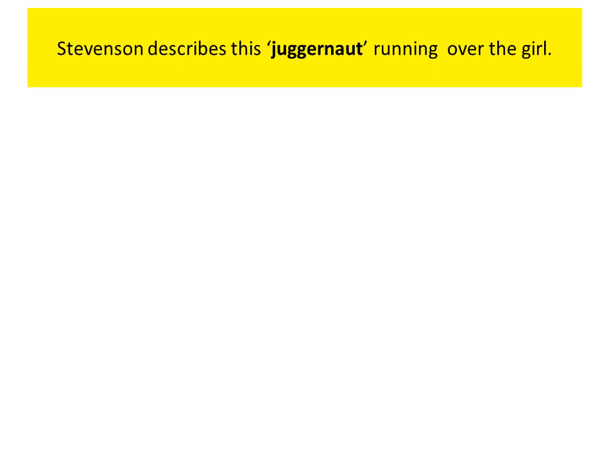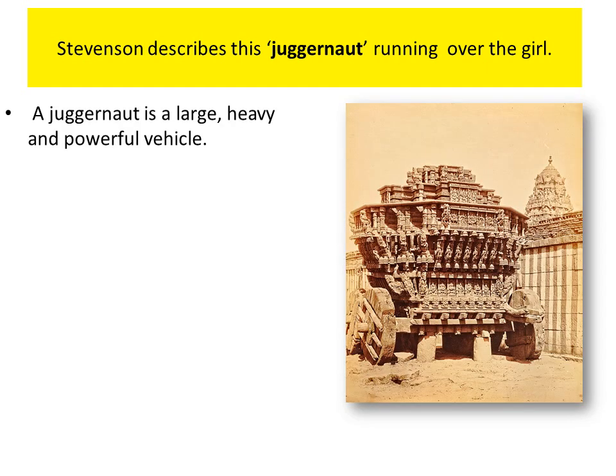Our sense that Hyde is a malicious character is further reinforced by Stevenson's description of this juggernaut running over the girl. So Stevenson's using a metaphor here comparing Hyde to a juggernaut. A juggernaut is a large, heavy and powerful vehicle. Imagine something with the same weight and force as a tank.